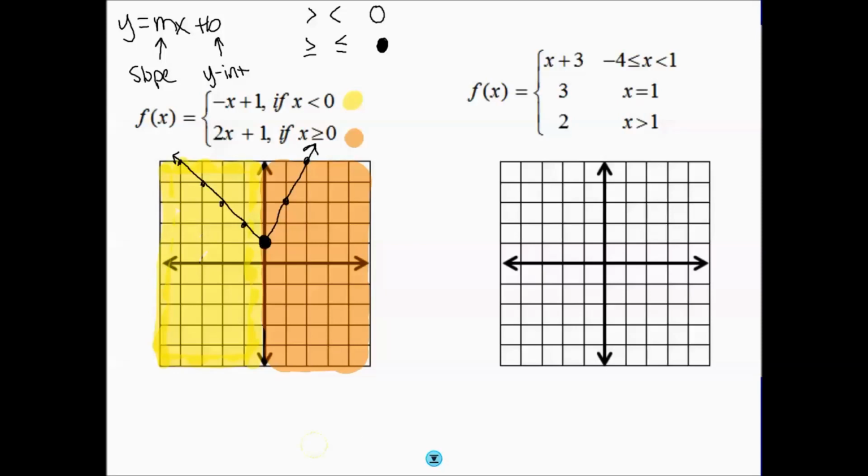Let's look at the next one. So if my first equation is the yellow equation, that is when x is between negative 4 and 1.